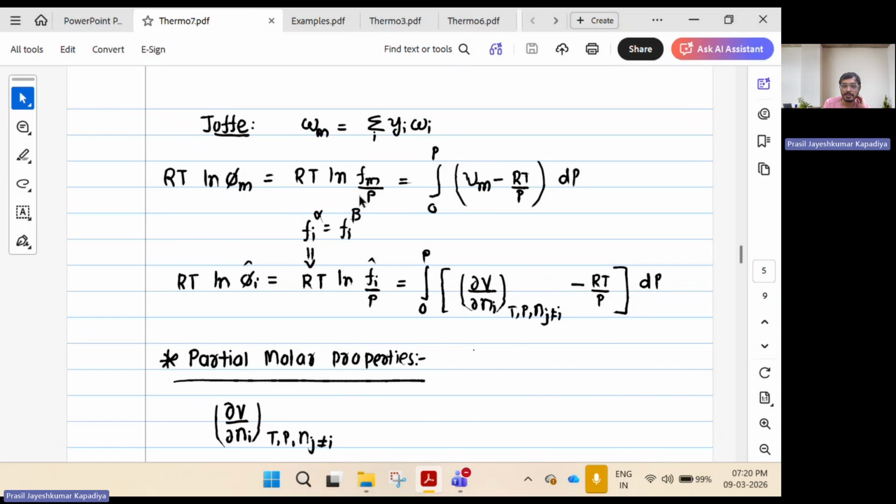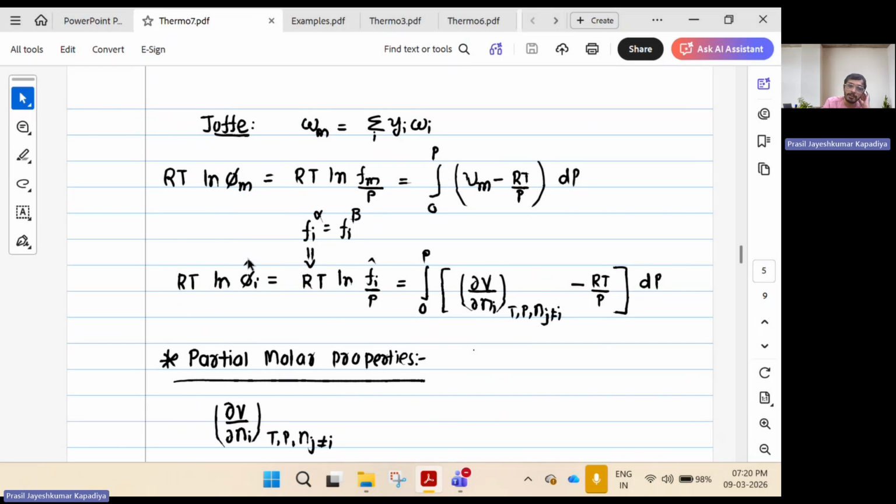Then we were stuck at the one point where we defined the fugacity coefficient of the mixture, phi m. Here it should be Vm, it's a mistake. So ln phi m will be equal to 1 by RT ln Fm by P, which will be equal to the integration from 0 to P of (Vm minus RT by P) dP. But as we are dealing with phase equilibrium, we need to know the fugacity of each component in each phase, so we can simply replace by these i terms.